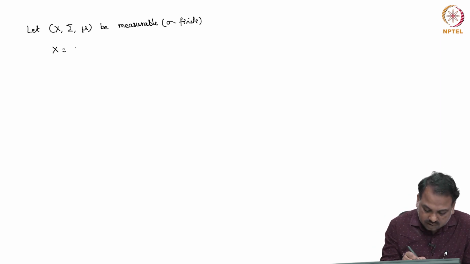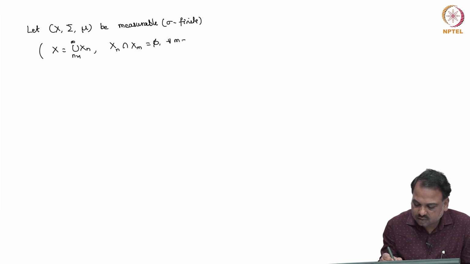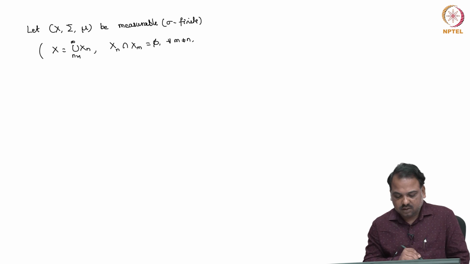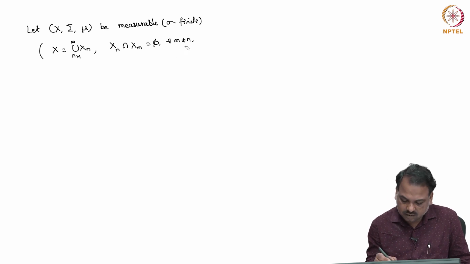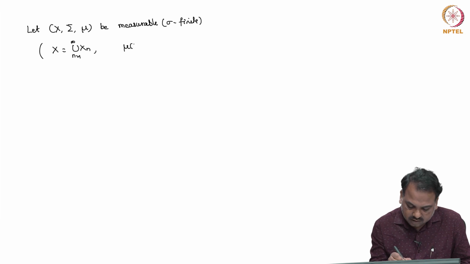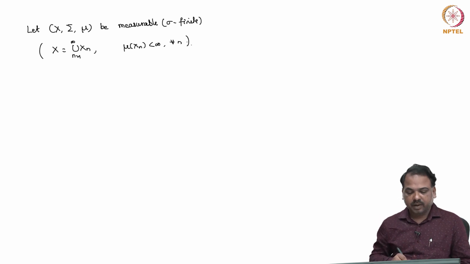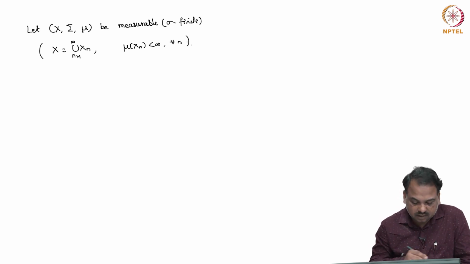So X is the union of Xn, n equal to 1 to infinity, these Xn being disjoint. So we can say that mu of Xn is finite for every n. Such a space we call a sigma finite measure space.